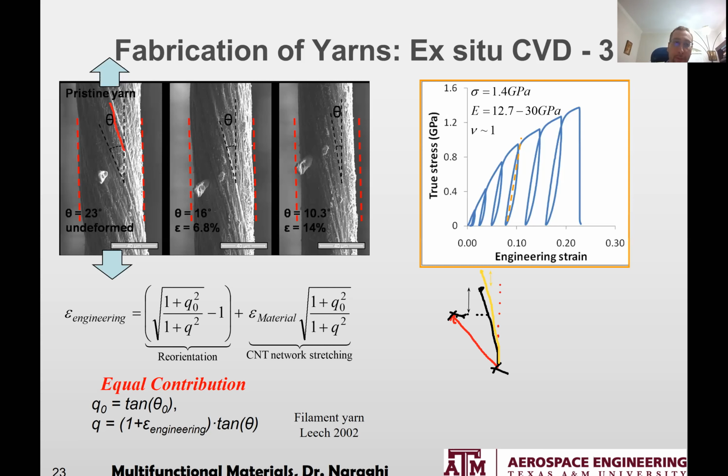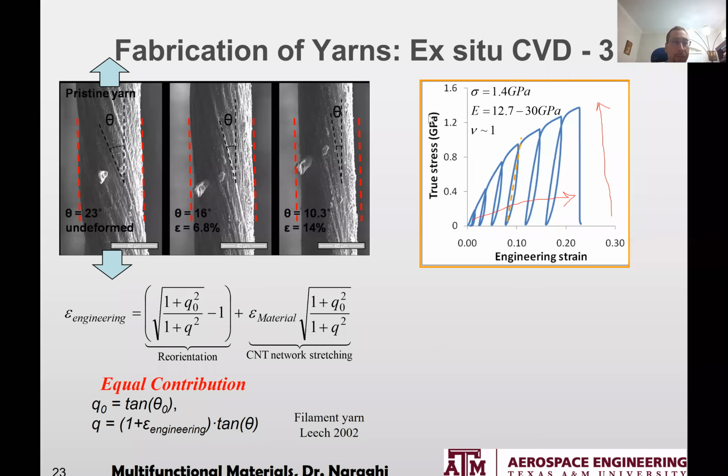Theta 0 is this, theta is this. And the interesting trend we see is that, first of all, we get a huge ductility. We get about 20% ductility, and we get a strength of about 1.4 gigapascal, which is a rather high strength.